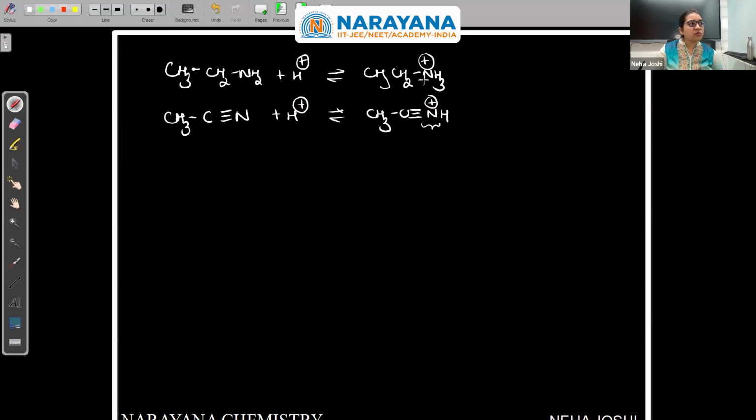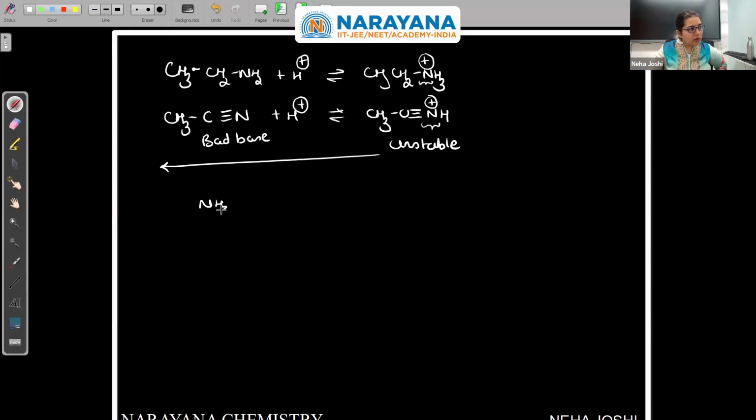Now here the positive charge is on the highly electronegative nitrogen, or I can say the nitrogen with higher s. So this is getting unstable. If this is becoming unstable, the equilibrium is going backward, making it a bad base.